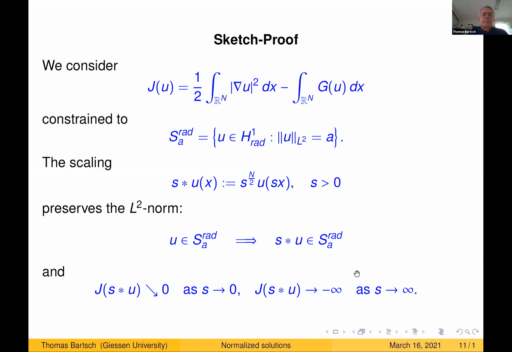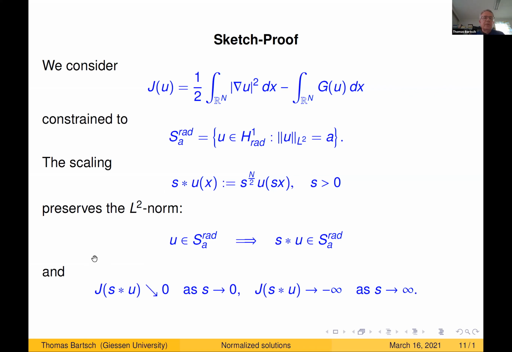So how does the variational approach work? In this setting, you can work on the space of radial functions. So we take our functional J, look at the L2 sphere equal to a in the space of radial H1 functions, and look at this scaling. This scaling plays an important role. It preserves the L2 norm. So in particular, if you start with an element u of the L2 sphere and you scale it, you have here a nice path on the L2 sphere.